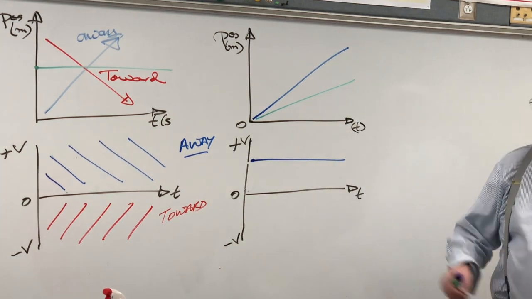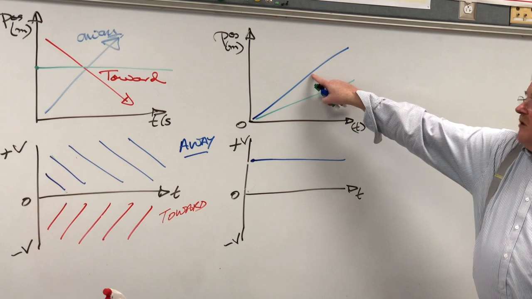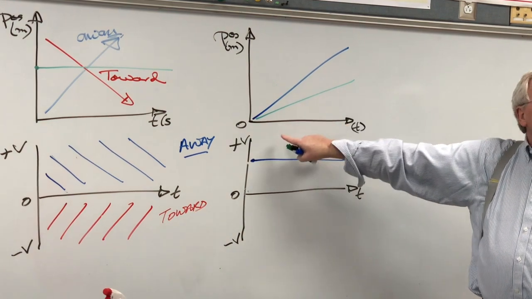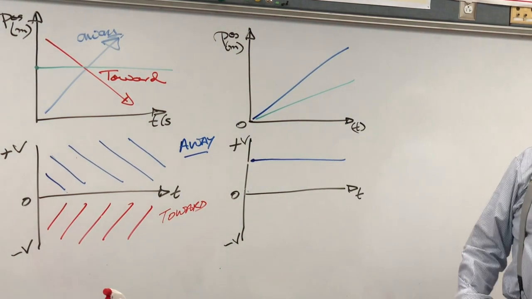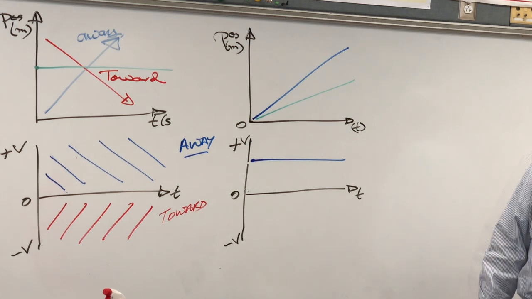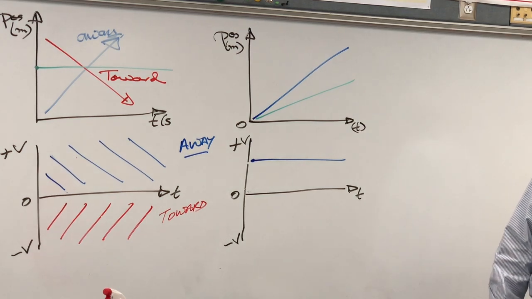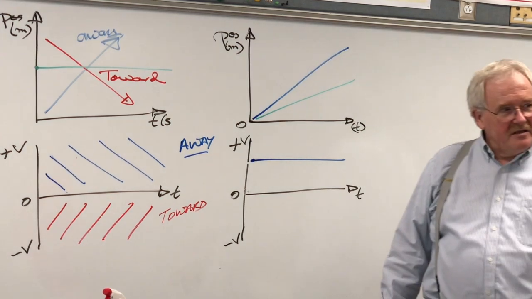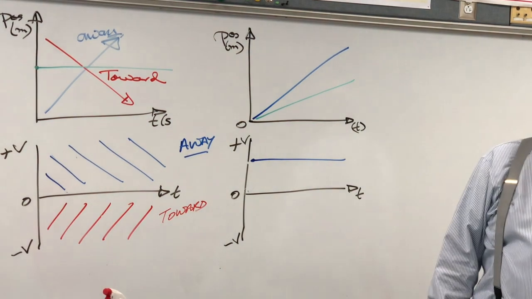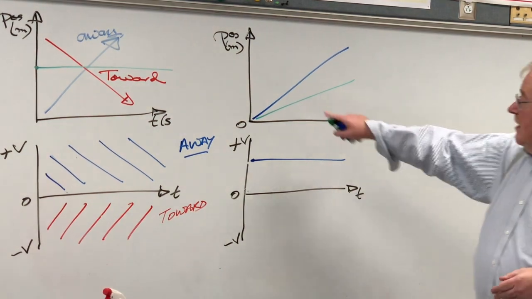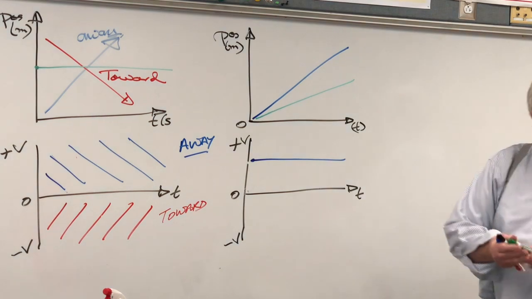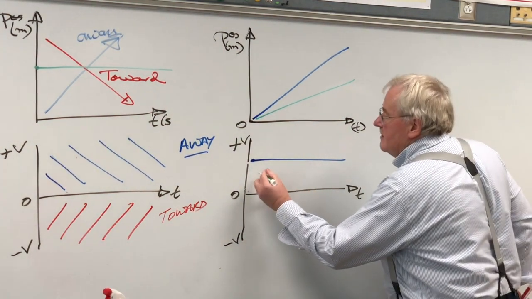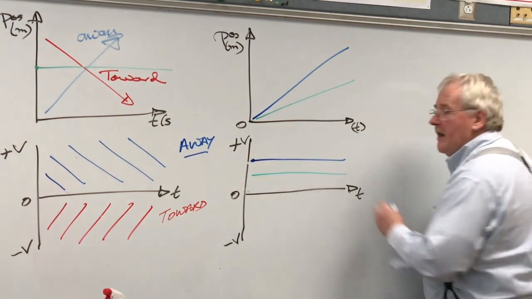There are three things that you can tell me about this. One is it's slower than this one. The other thing is it's moving away. What else can you tell me about it? It's constant, right. So it's constant, it's moving away, and it's smaller than this one. So what it would look like then is that.